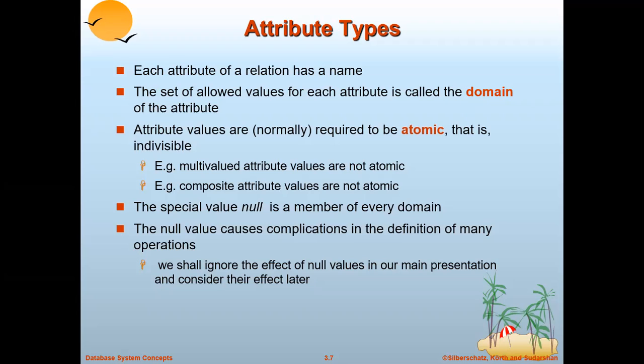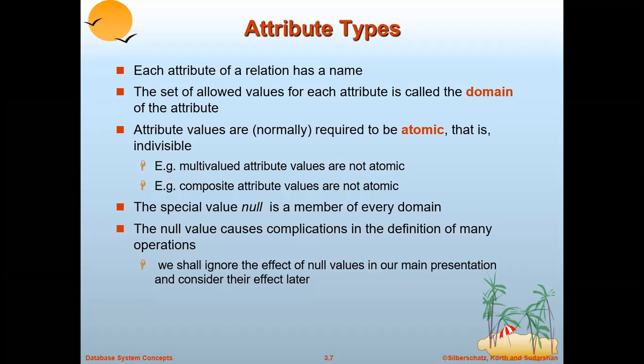So this is regarding attributes. In the relational database model or relational database management system, an attribute will have a different name in a relation. The set of allowed values for an attribute is called the domain of the attribute.